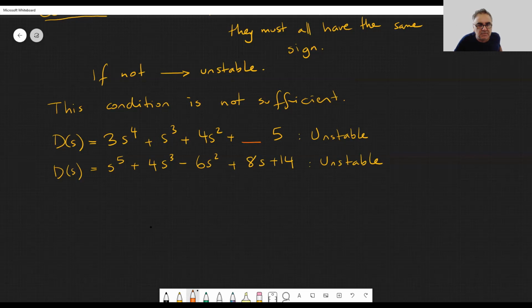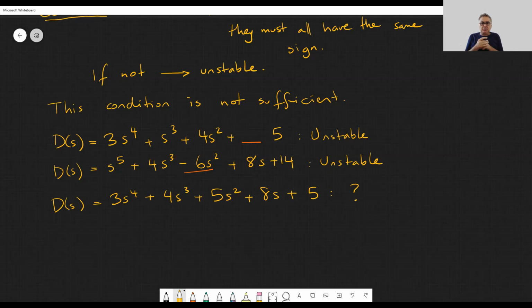But this one, for example, 3s to the 4 plus, let's say, 4s cubed plus 5s squared plus 8s plus 5.